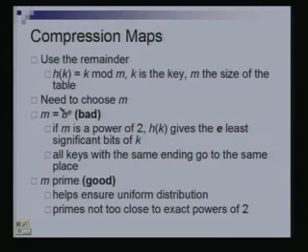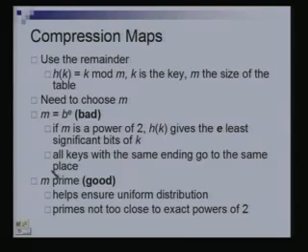So, one should not do such a thing. If you are using this simple compression map, then you should not pick the size of your hash table to be some power of 2.